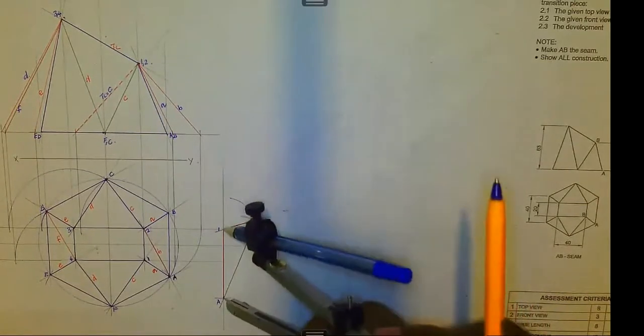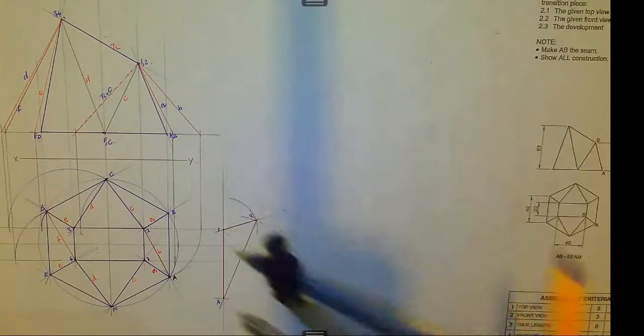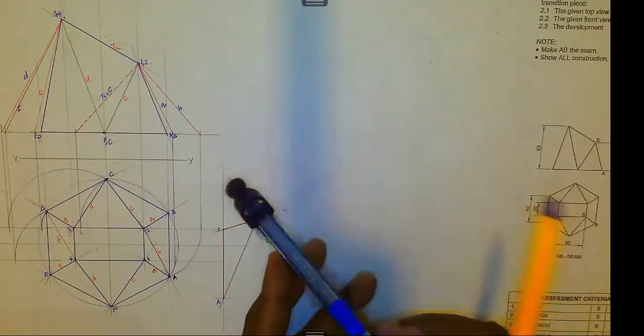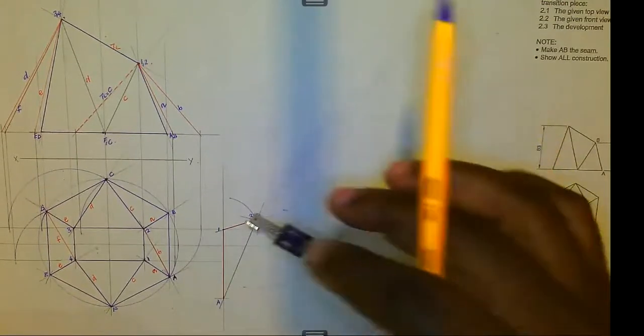So the next thing that we want to establish is point number B, okay? Point B, in terms of the link, we need to have point 2 to B as well as A to B. So B is common. So I'm going to take the true length to B, which is A. I already have A, so I'm not going to waste time on that. Take this one, stand at point number 2 and describe an arc.